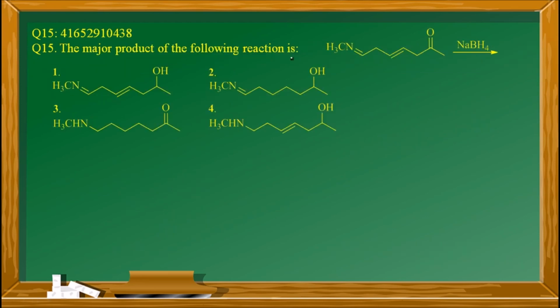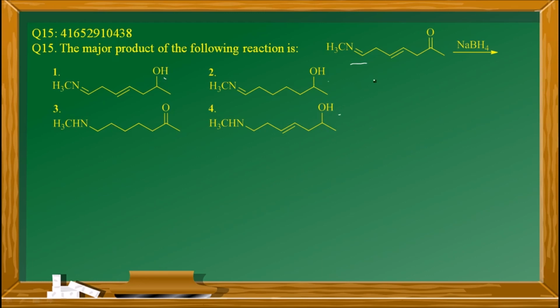Next, question number 15: the major product of the following reaction. What is the reaction? Sodium borohydride reduction. Sodium borohydride is a reducing agent. What does it reduce? It reduces carbonyl compounds to alcohols. It also reduces imines to amines. But it will not reduce alkenes or alkynes to alkanes. So the question is sodium borohydride reduction of a carbonyl compound, alkene and imine. Where is it going to work? Ketone to alcohol, this alcohol, this alcohol, this alcohol.